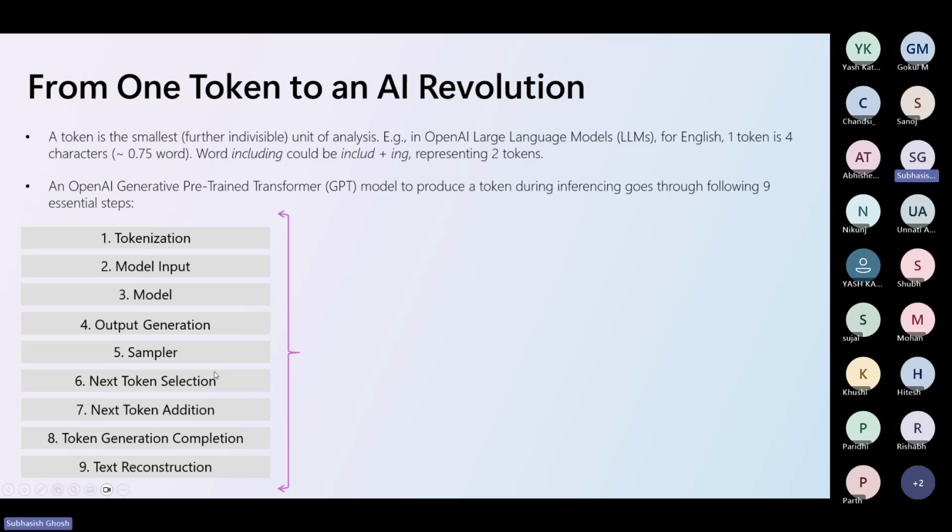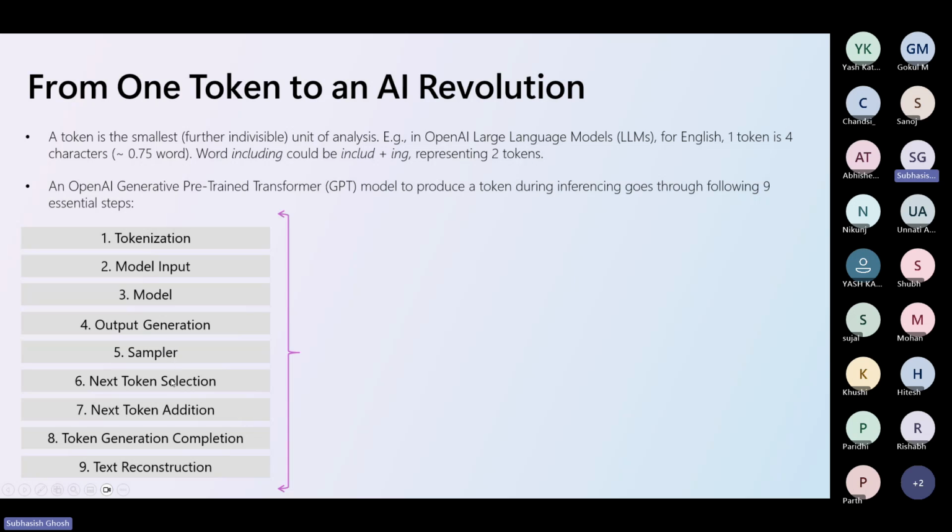The sampler converts these output logits into probabilities. This is a very important step, because the output logits are converted into probabilities. Then next token selection selects the next token based on the best probabilities from the earlier step, the sampler. So as you see, the input sequence is converted into tokens, and I end up at a sampler.